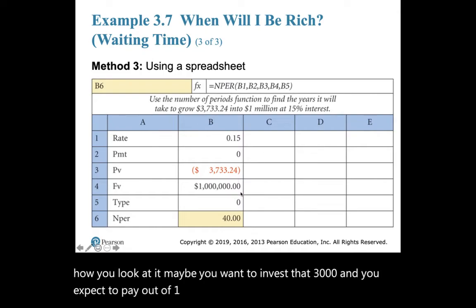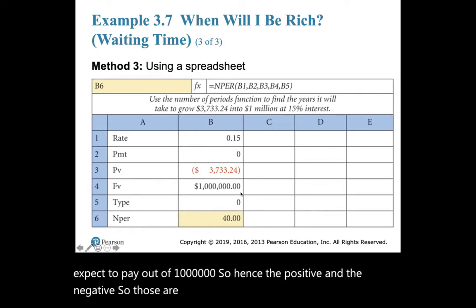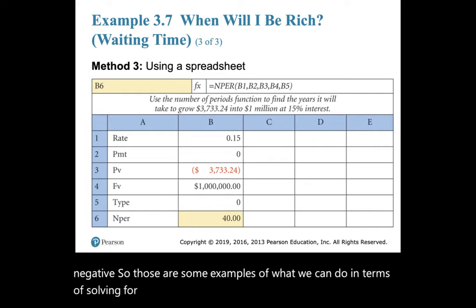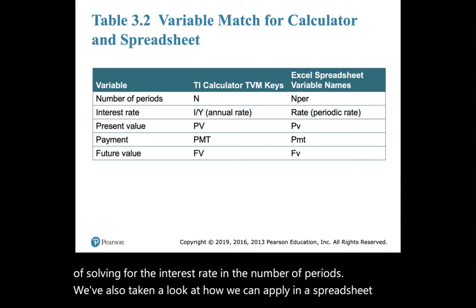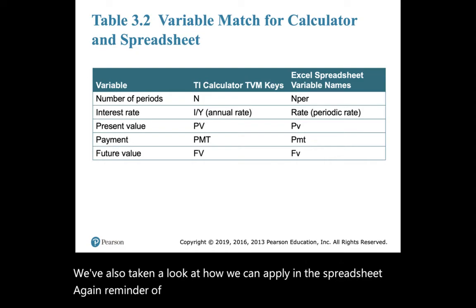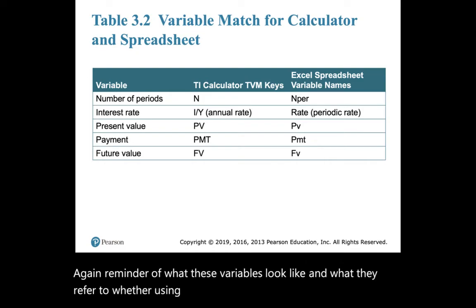So hence the positive and the negative. So those are some examples of what we can do in terms of solving for the interest rate and the number of periods. We've also taken a look at how we can apply it in a spreadsheet. Again, a reminder of what these variables look like and what they refer to, whether you're using the time value keys in your financial calculator or your Excel spreadsheet.